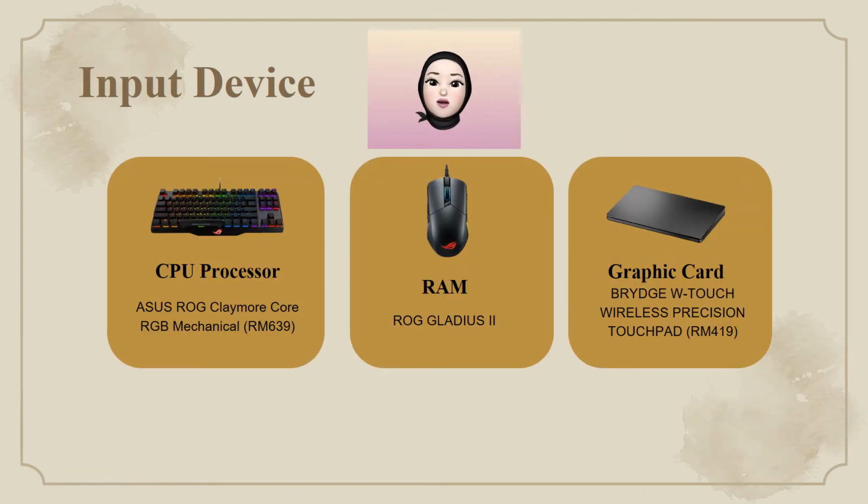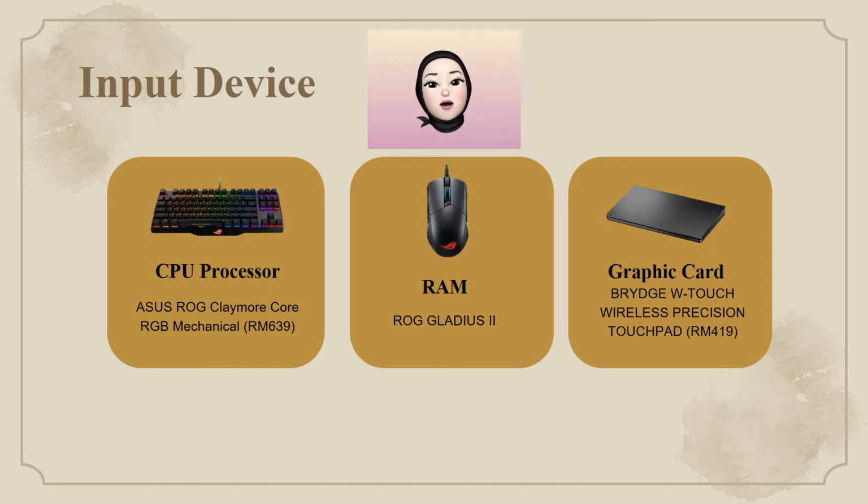Okay, so for input devices, which are physical devices that provide interaction and control of data to a computer. For the keyboard, we choose the Asus ROG Claymore and the price is 999 ringgit. We choose this keyboard because it is quite large, and the most important part is that this keyboard is wireless, so it could be more flexible and comfortable to use.